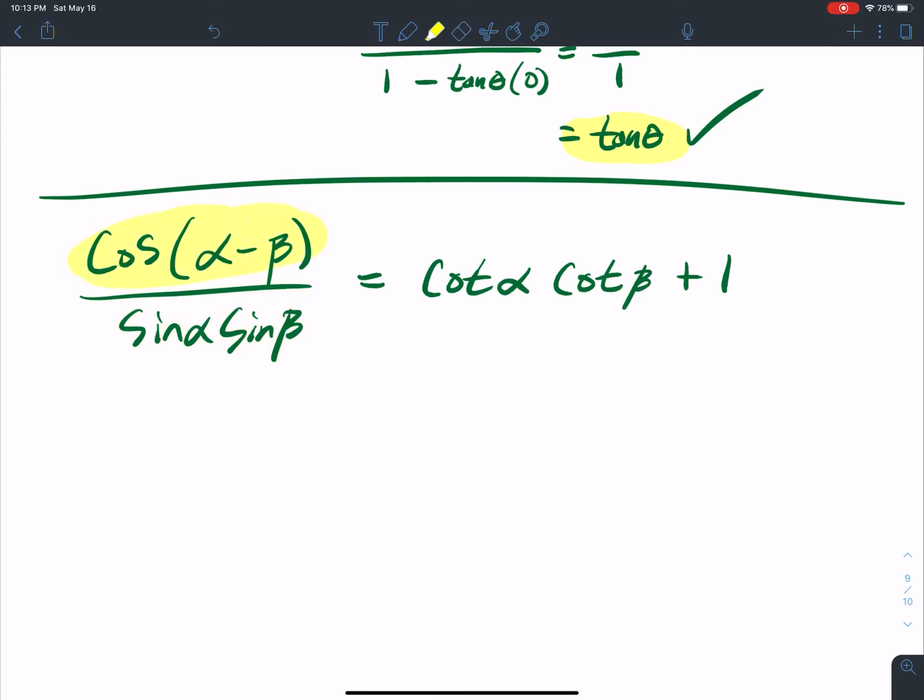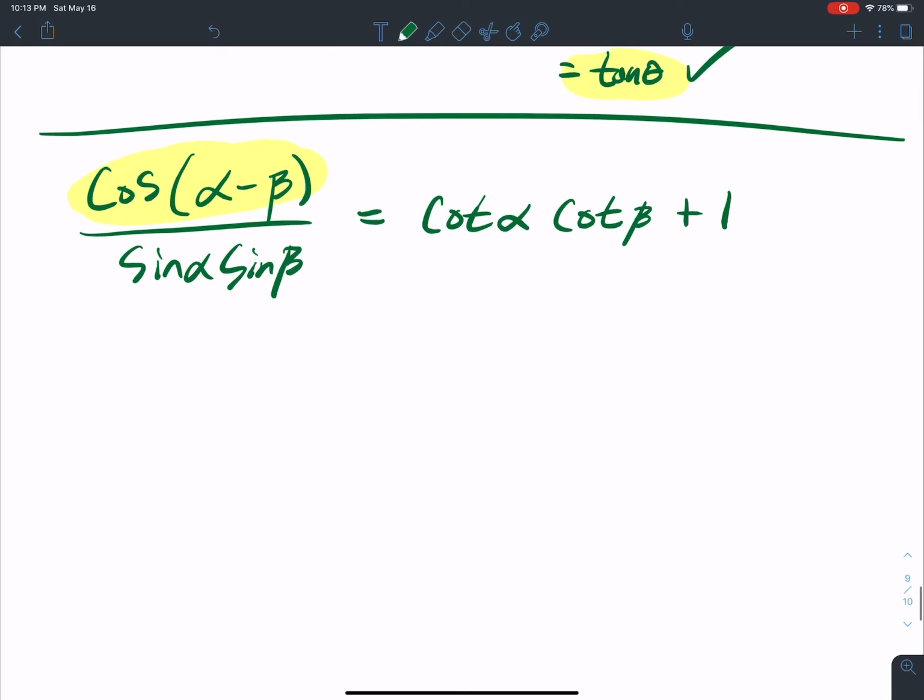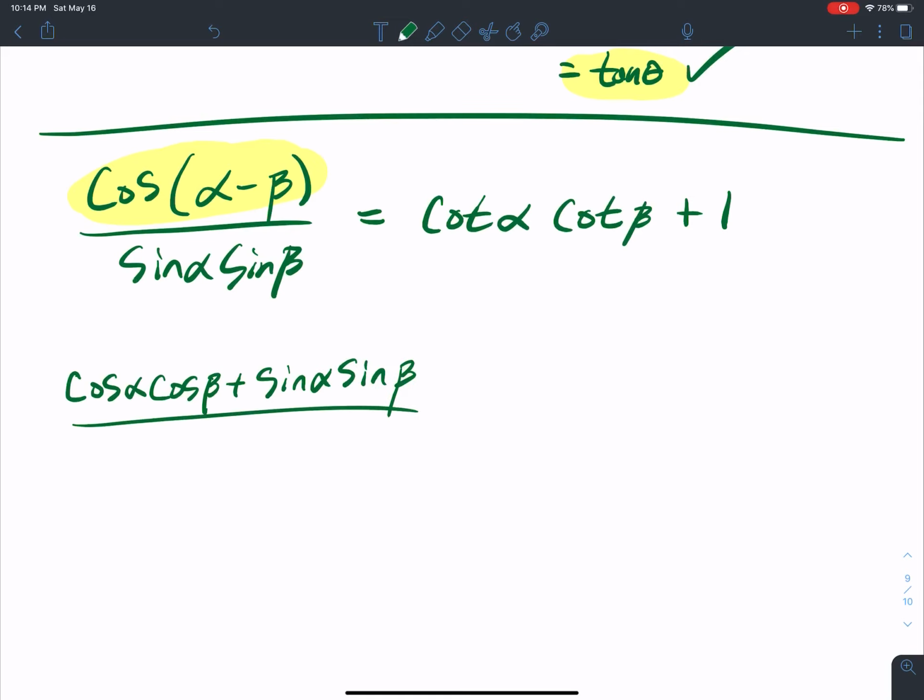I know the formula here: the difference formula for cosine is cosine alpha cosine beta plus sine alpha sine beta. Divide that by sine alpha sine beta.